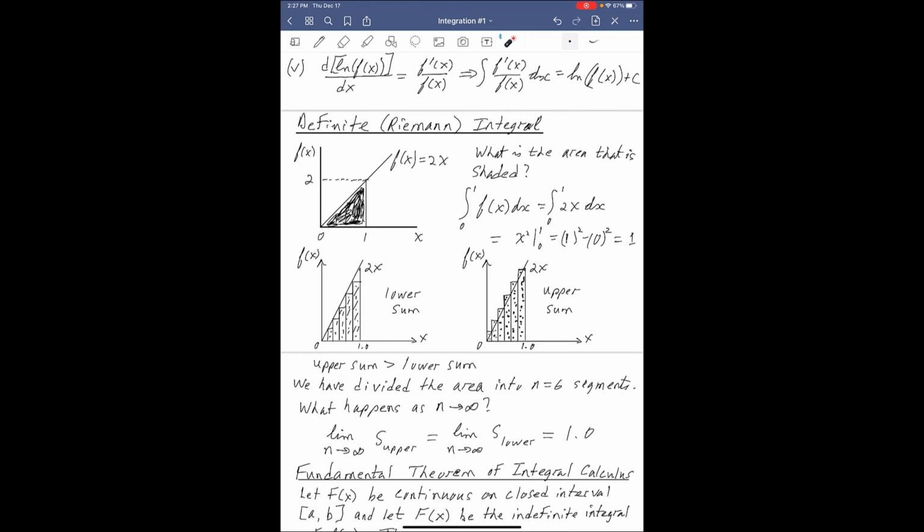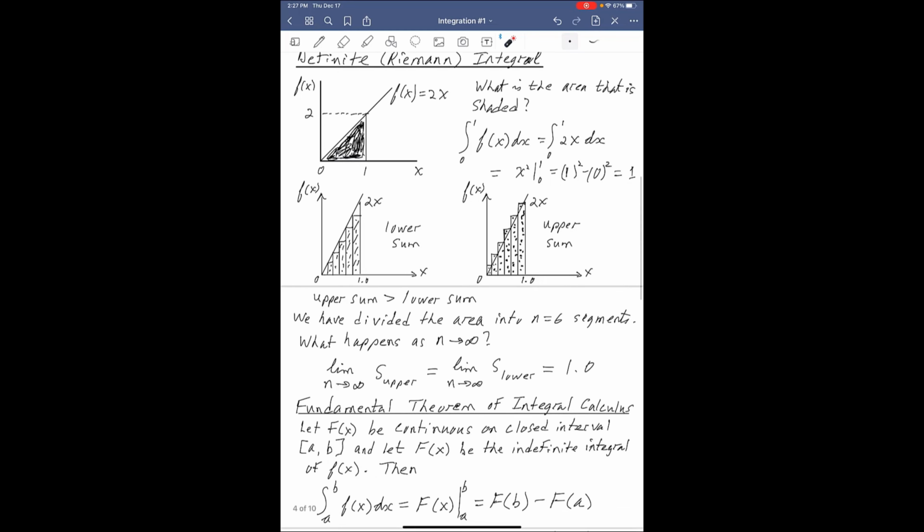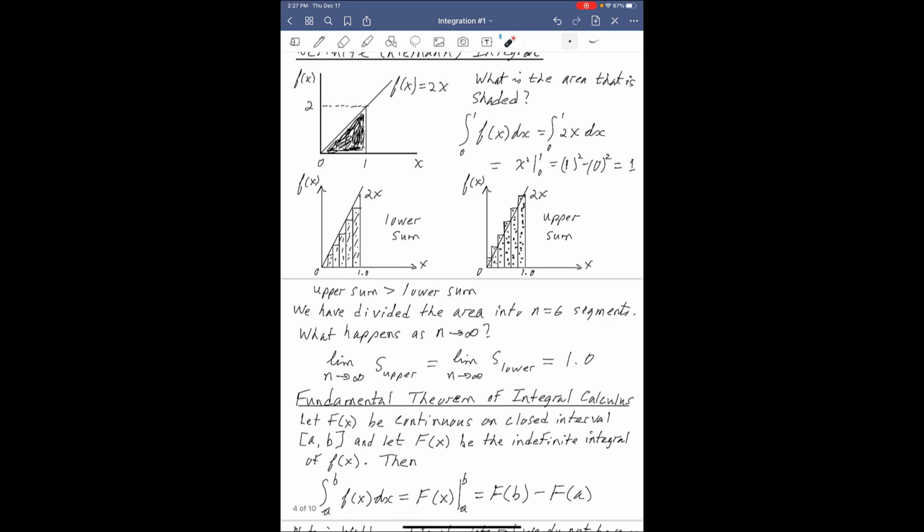Now, what the Riemann integral does is it breaks up any interval into very small little intervals, and then calculates the area under each of these little segments. Now, it depends on how you calculate that area. In one case, we're leaving these little blank triangles. We don't count that.